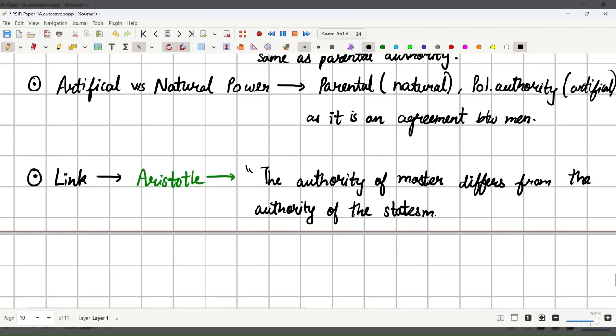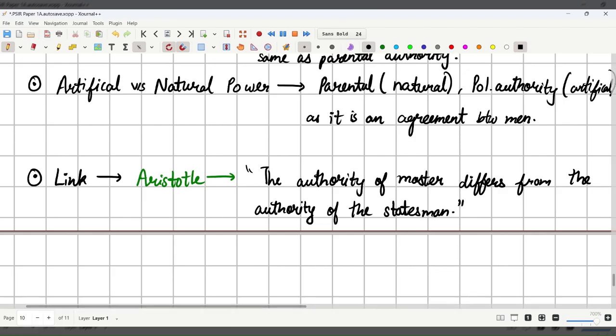So basically, he wants to tell that the authority of a master over a slave, or of a father over a family, is fundamentally different from the statesman's authority over free and equal citizens.